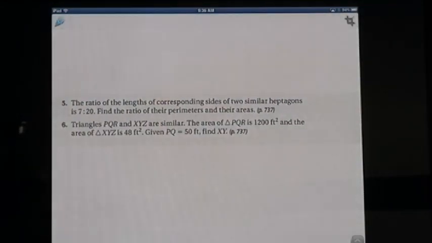The ratio of the lengths of corresponding sides of two similar heptagons is 7 to 20. Find the ratio of their perimeters and their areas.